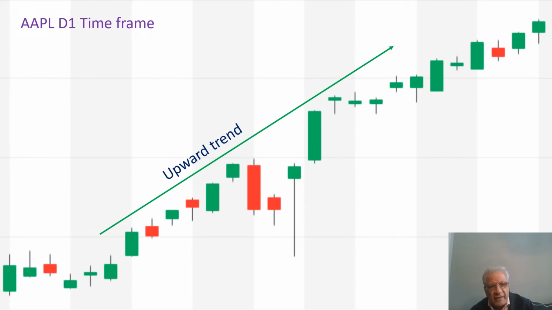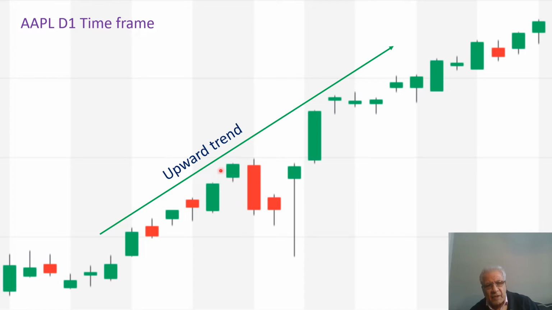This is Yahoo Finance, Apple stock, and D1 time frame. Now you see this is a very strong uptrend. You don't see too many red candles in this uptrend, so that means a fairly strong uptrend.